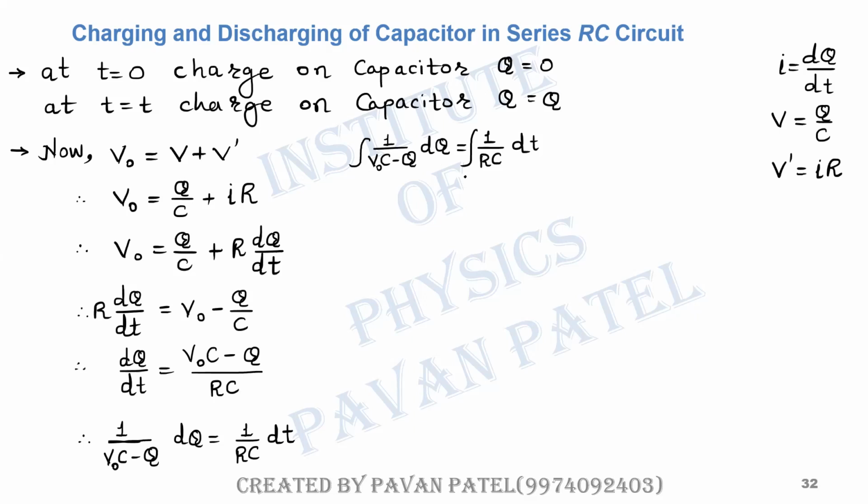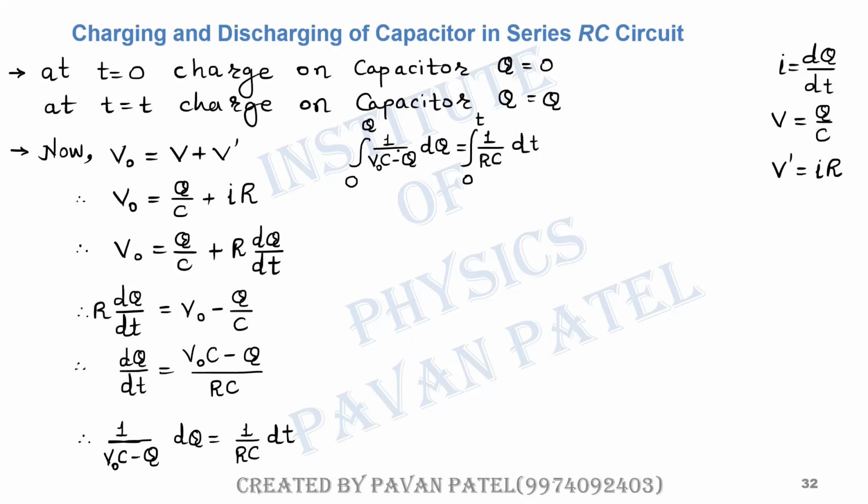So at t equal to 0, the charge on the capacitor is 0. So q is equal to 0. And at t equal to t, the charge on the capacitor is q. So we have substituted the limits in terms of the values of the variables time and charge. इससे पता चलेगा कि 0 टाइम पे चार्ज 0 था और उससे t टाइम पे चार्ज इंक्रीज होके q हो गया. And then we want to find the value of q in terms of t, right?